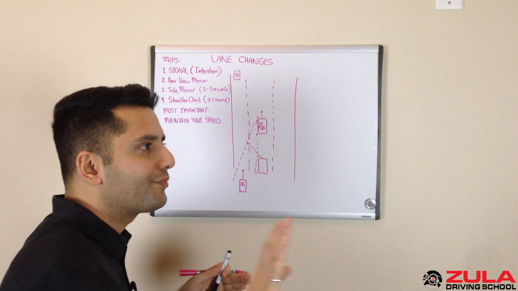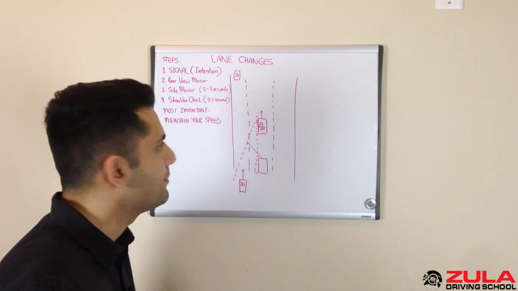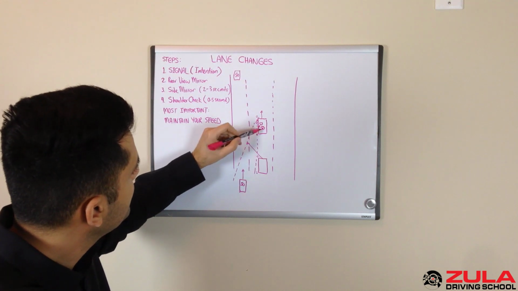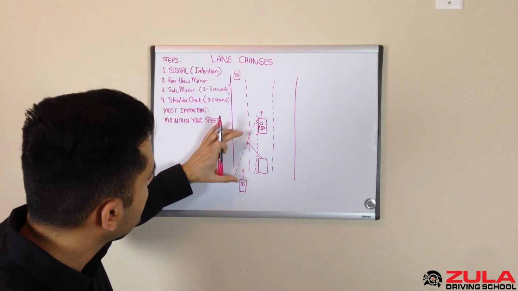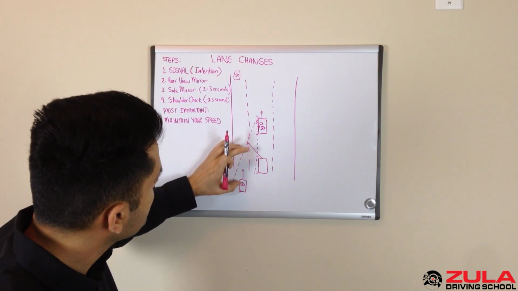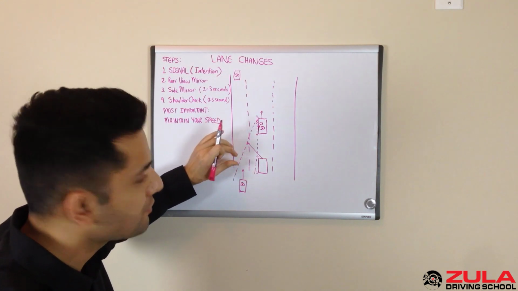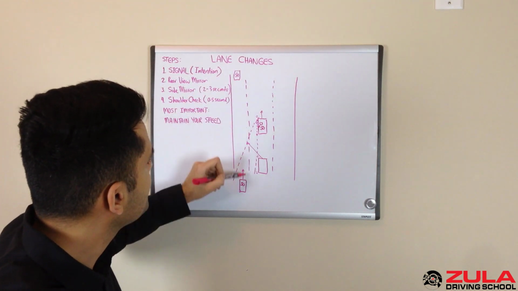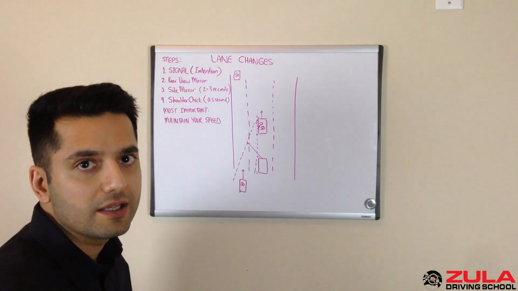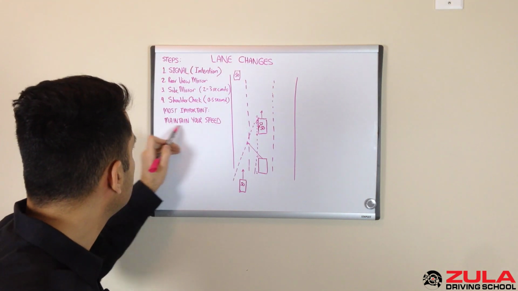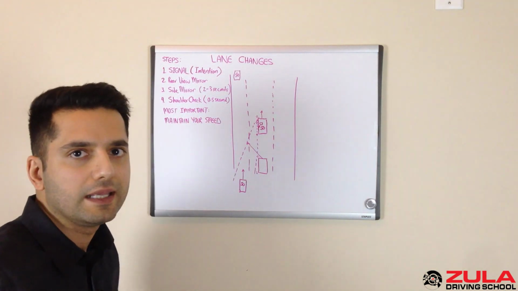But you don't want to go ahead and press that brake, because when you do, your speed drops, and you thought that you had a safe gap here, and if you drop, now you're going 40, this car is still going 50, and this gap shrinks. And now what was considered a safe space for you to enter is shrinking and maybe no longer safe. So maintain your speed as you're performing a lane change.